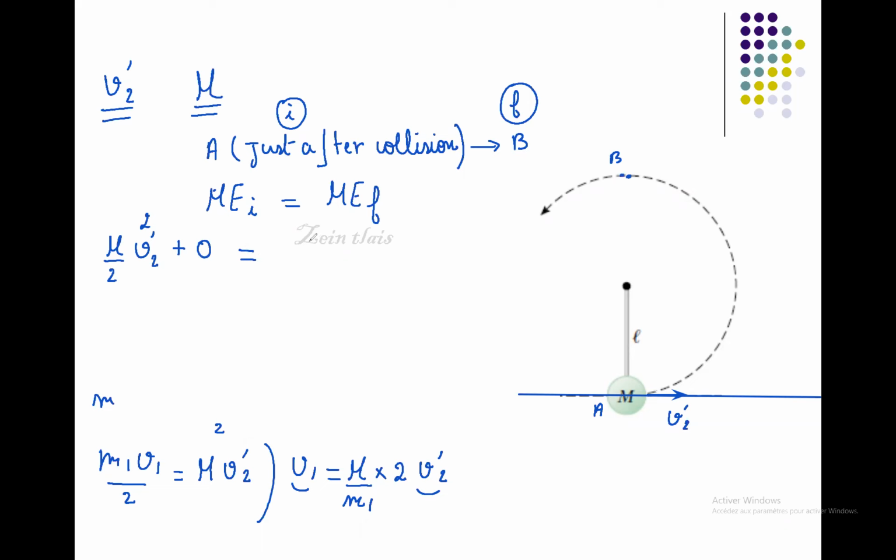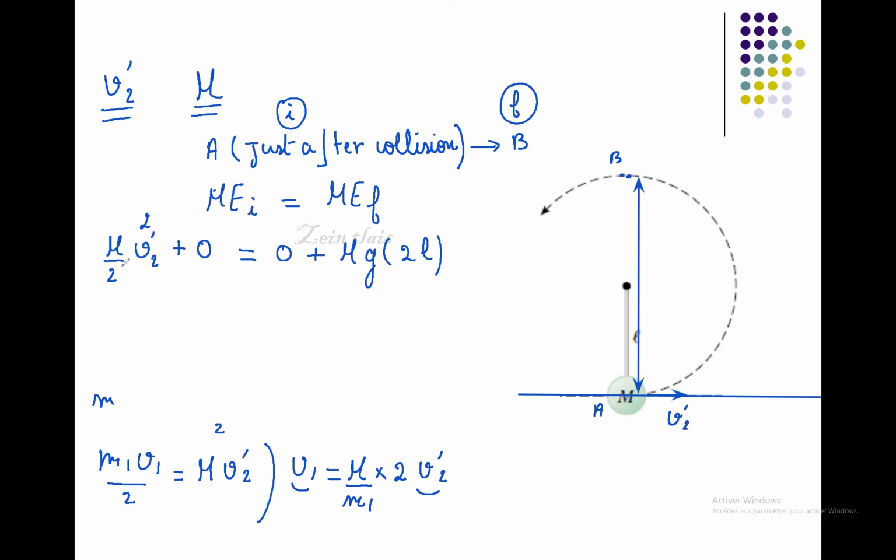At the highest point, we don't have kinetic, but we have potential equal to Mgh, where h equals L plus L, so we get Mg 2L.